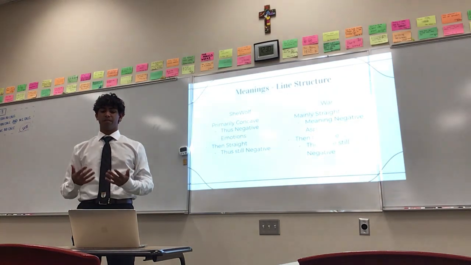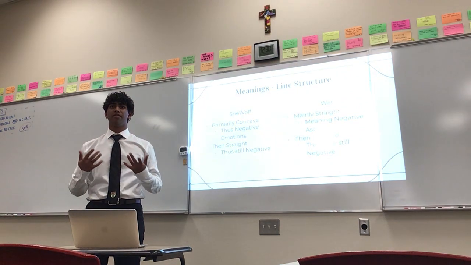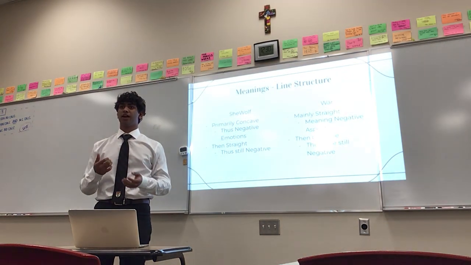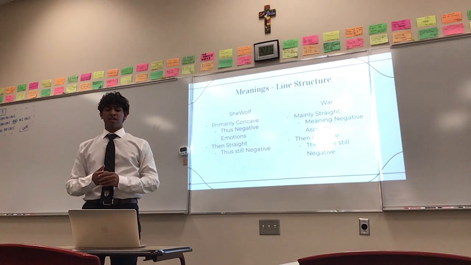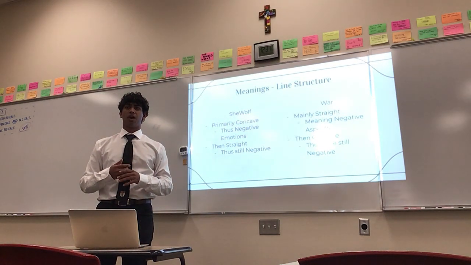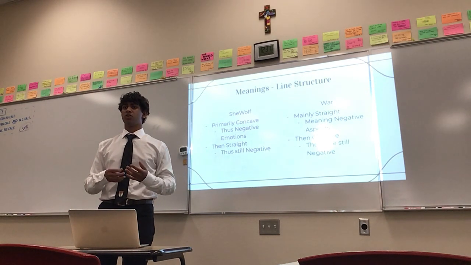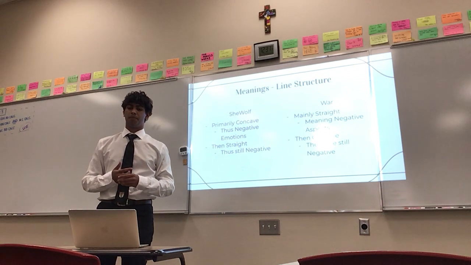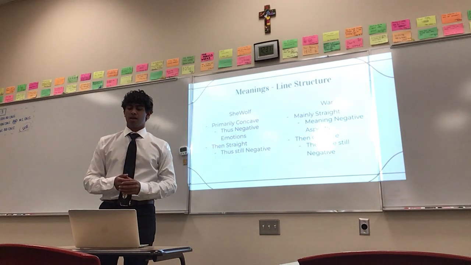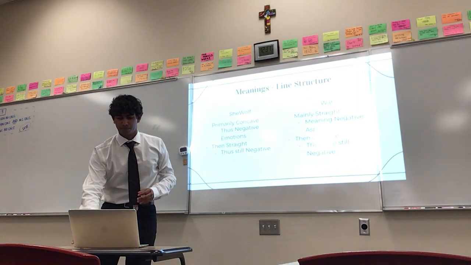Well, it mainly means that both She-Wolf and War elicit negative emotions, just like the societal feelings towards World War II. These emotions, although primarily angry, they also have feelings of sadness and sort of pity, right? However, they do have a connection between the two.